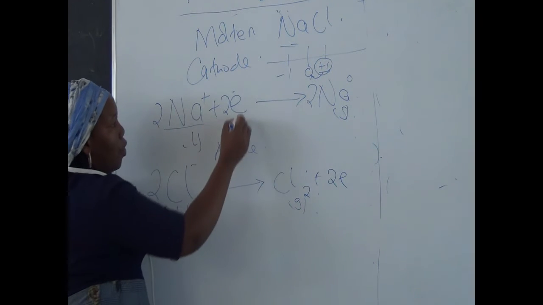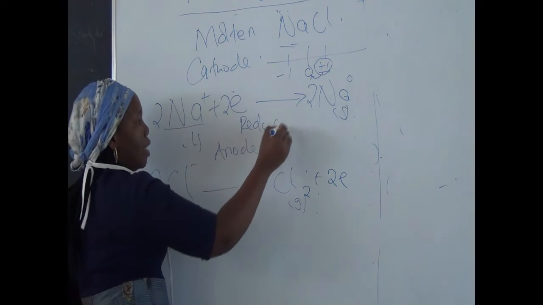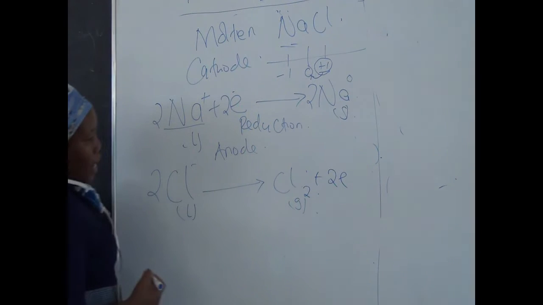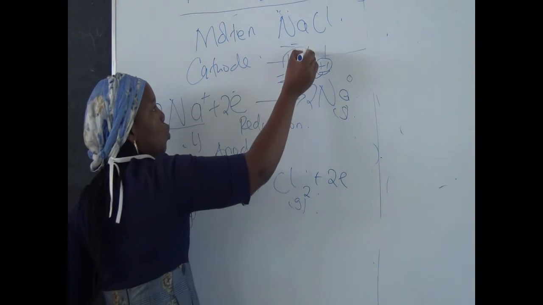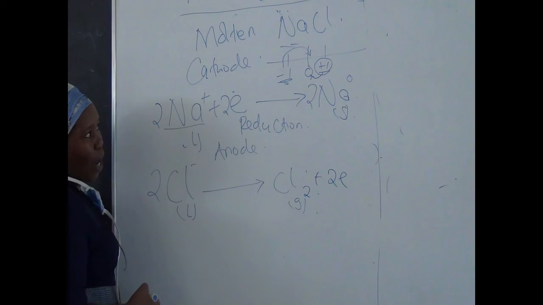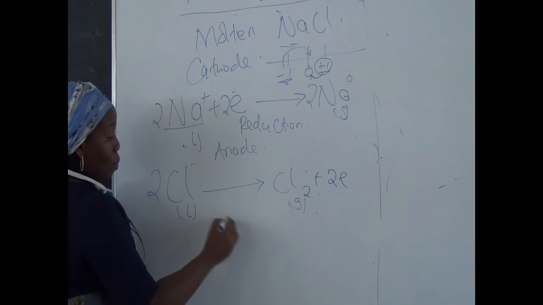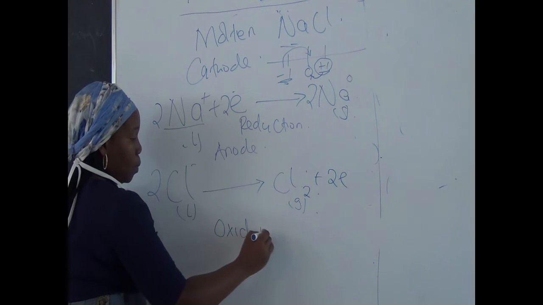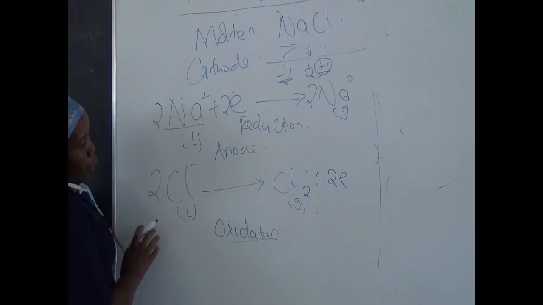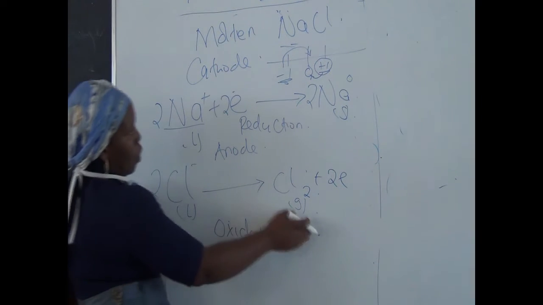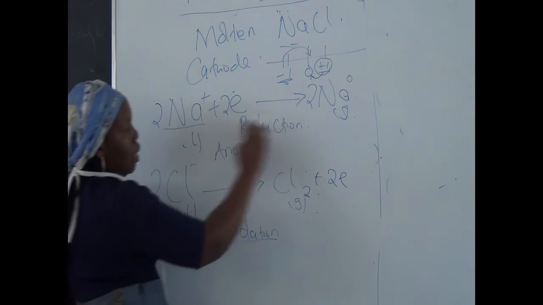So at the cathode we shall have reduction. And then at the anode, we were at negative 1 and we went to 0. So that one will be oxidation.